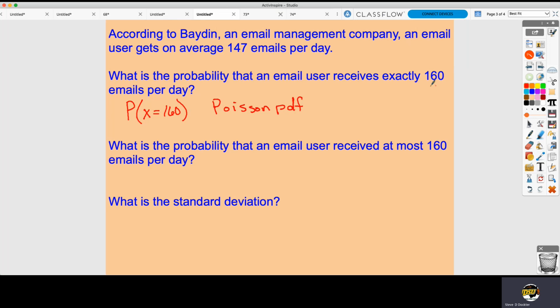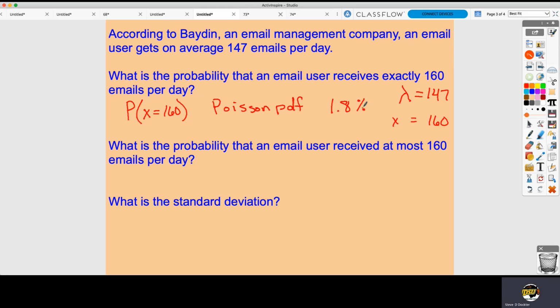The first one is your average number, so that's the 147. The X value is always what you're looking for, so that's the 160. So we type in 147 for the first one, 160 for the second one, hit enter, and we get approximately 1.8%.